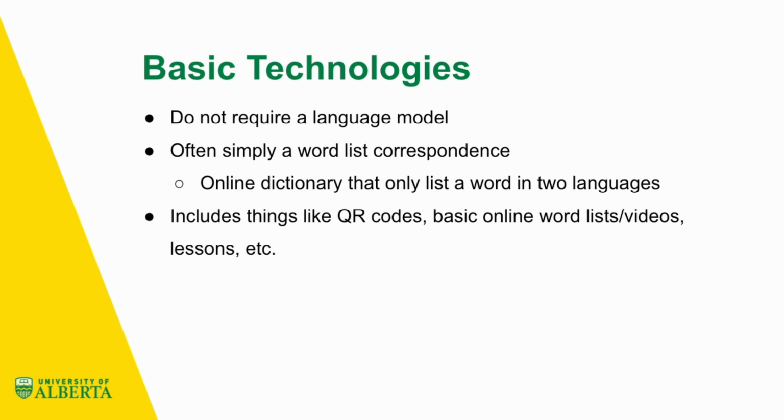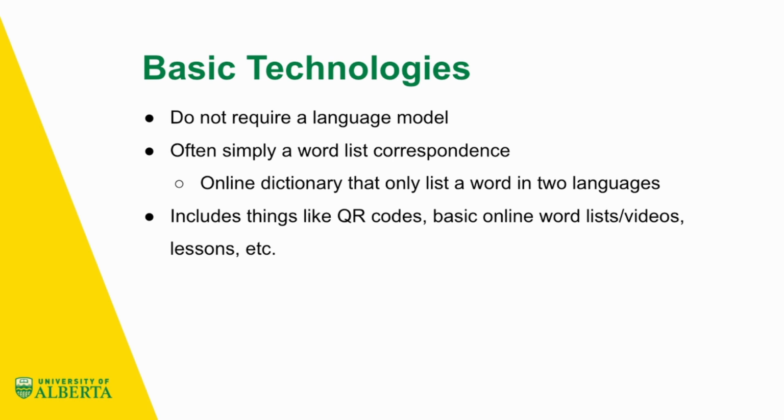Often, these technologies are essentially a word list correspondence. So, an online dictionary that can basically be a word in one language and a word or set of words in another language. These don't have a language model underneath them, but they do associate two words across languages.